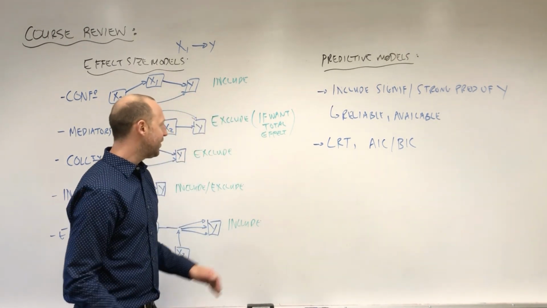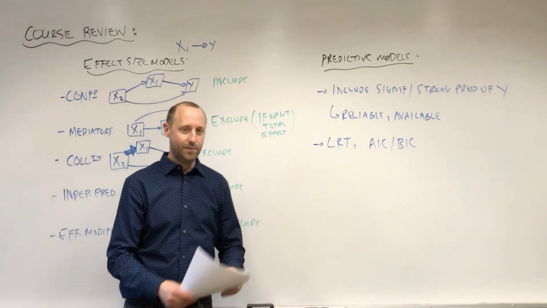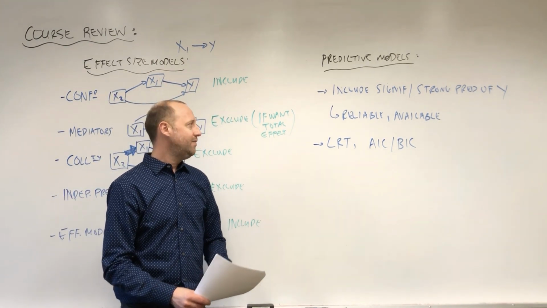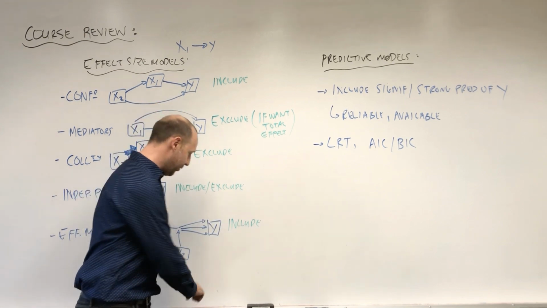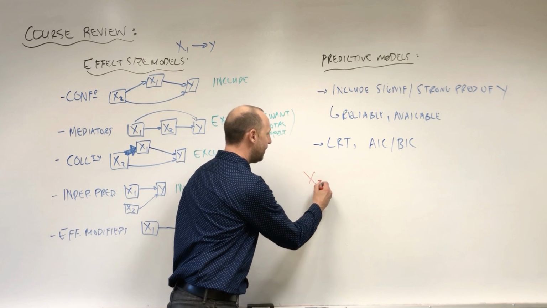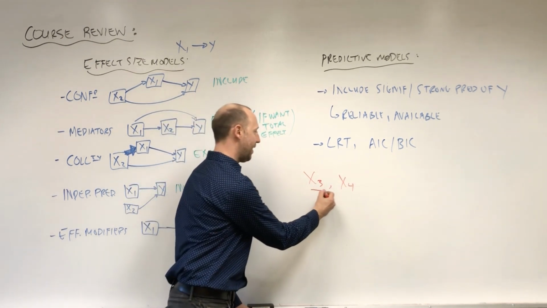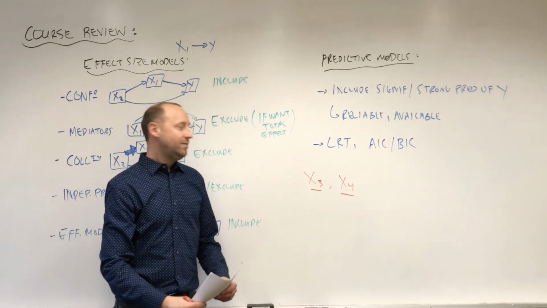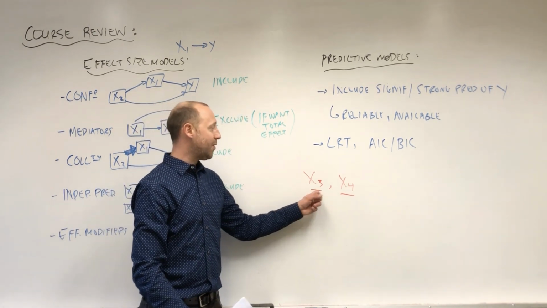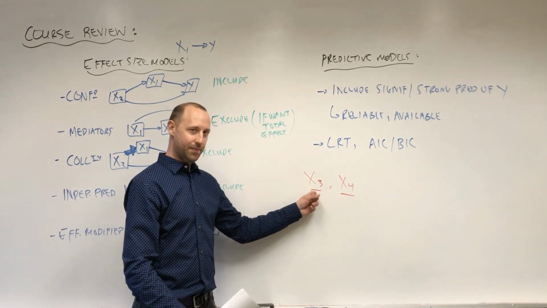And then a few things I wanted to say, regardless of whether it's an effect size model or a predictive model. It's important to remember that the order in which we test including variables does matter. So for example, there might be variables x3 and x4, and whether it's a predictive model or an effect size model, we might need to include one of them, but not both.